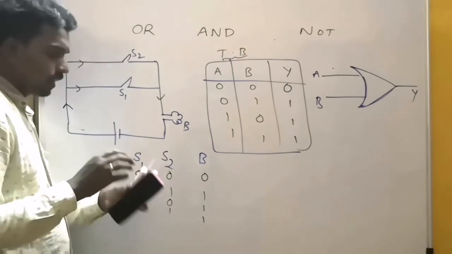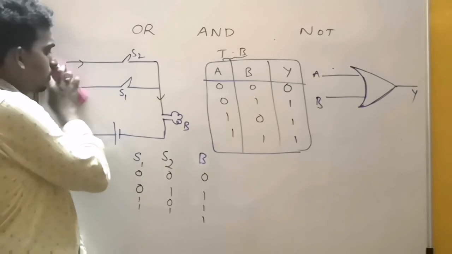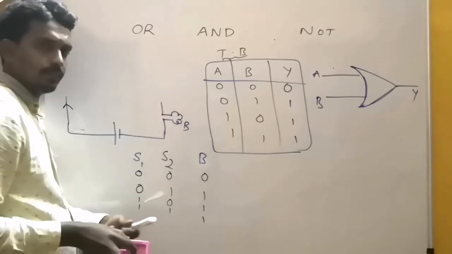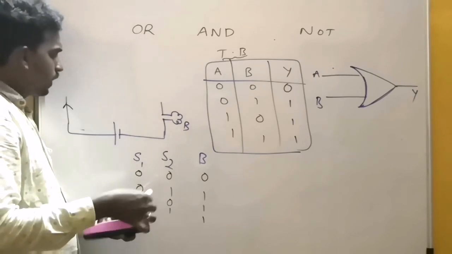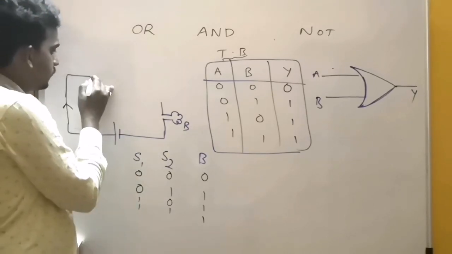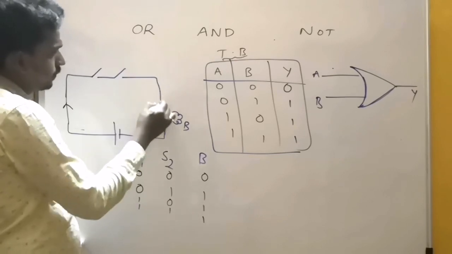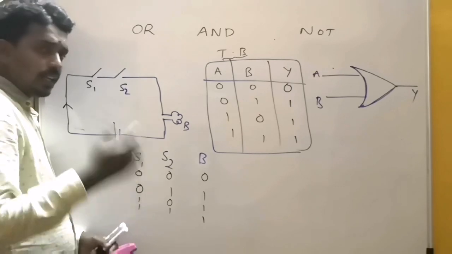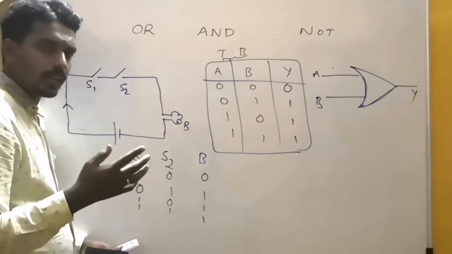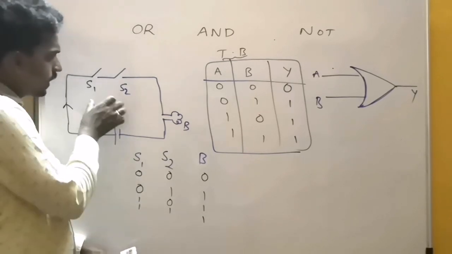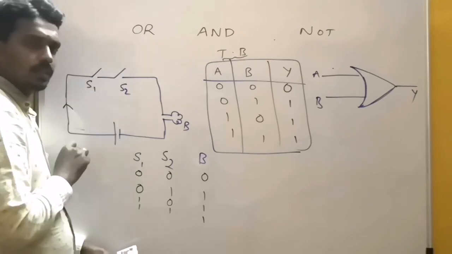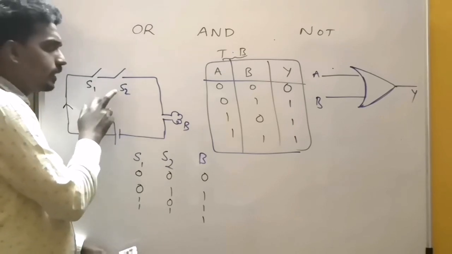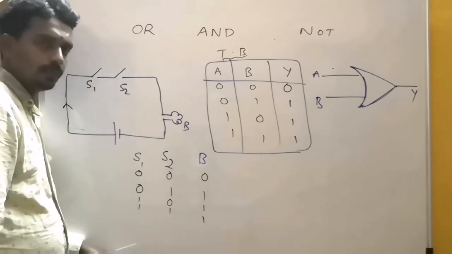Similarly, now let us try to understand the second one, the AND gate. Now you build up a circuit like this. See, in the earlier case there were two switches connected in parallel, but in the present situation there are two switches connected in series with the bulb.